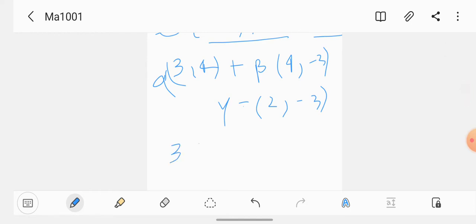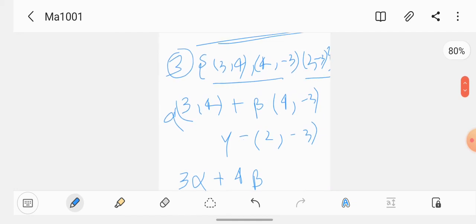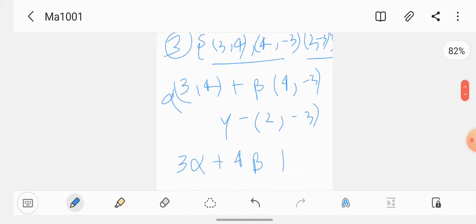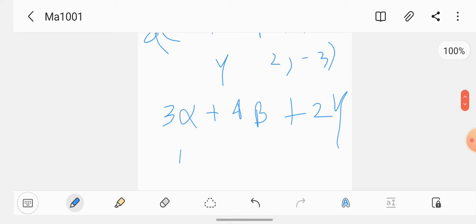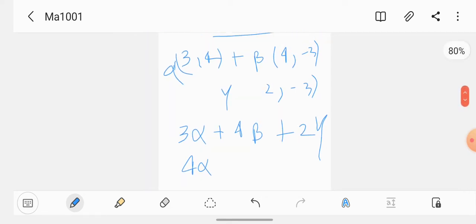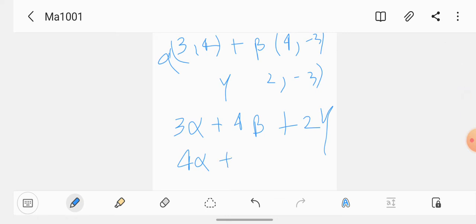So we have 3 alpha plus 4 beta plus 2 gamma, and another equation becomes 4 alpha minus 3 beta minus 3 gamma.